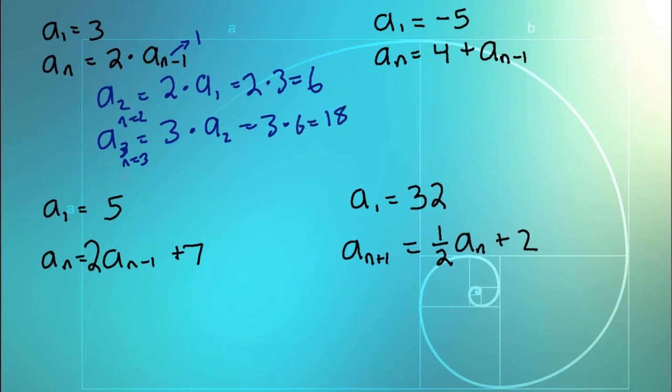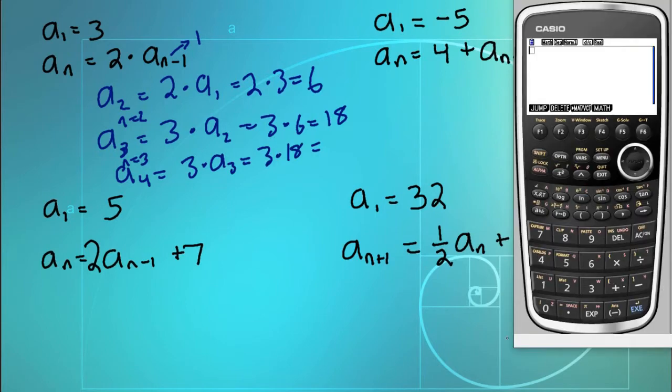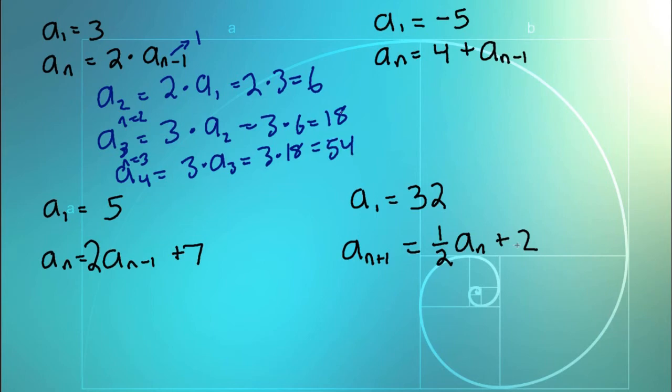And if I wanted the fourth term, that's going to be 3 times, so n is 4. So the previous term was the third term, so that's 3 times 18. So if I want to do 3 times 18 real quick, I get 54, and this pattern would just go on. So the next few terms would be 6, 18, and 54.